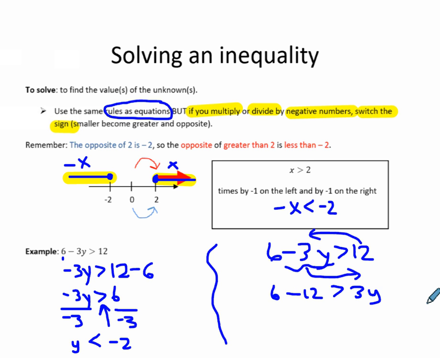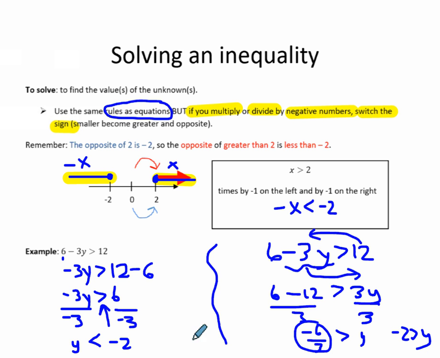Now you see my 3y is positive. So if I divide by 3 here, and I divide by 3 here, I'm going to have 6 minus 12, which is minus 6. So I have minus 6 divided by 3 is greater than y. And minus 6 divided by 3 is the same as minus 2, is greater than y.